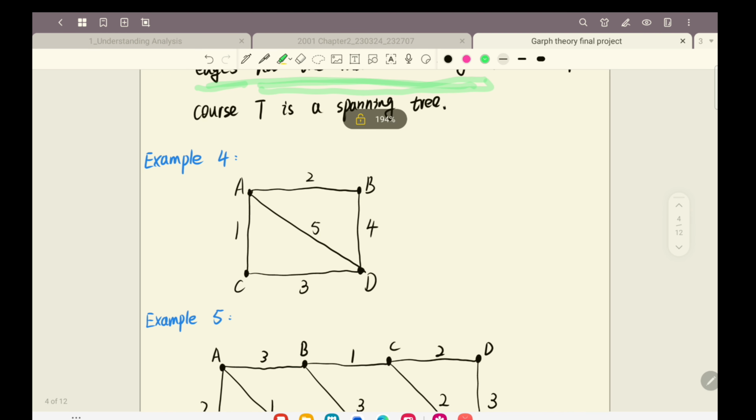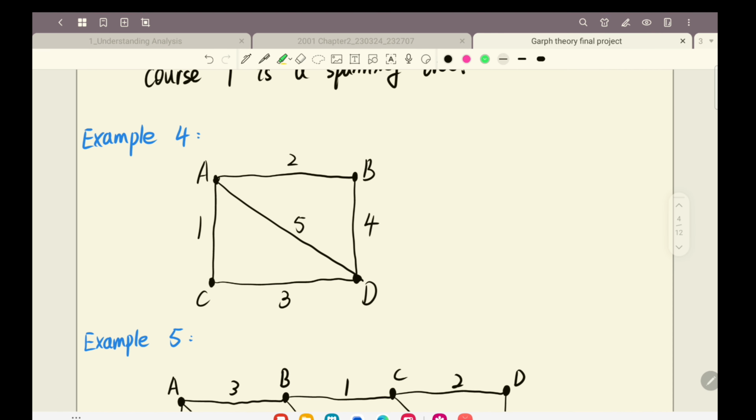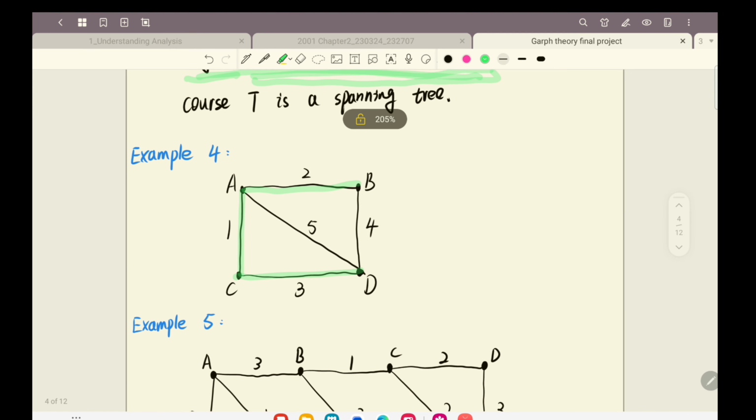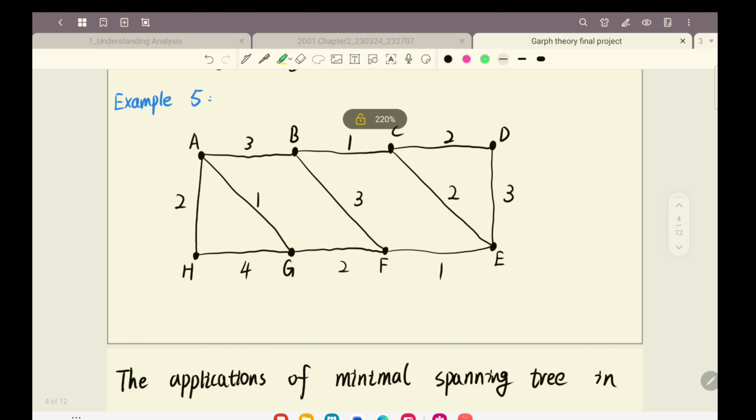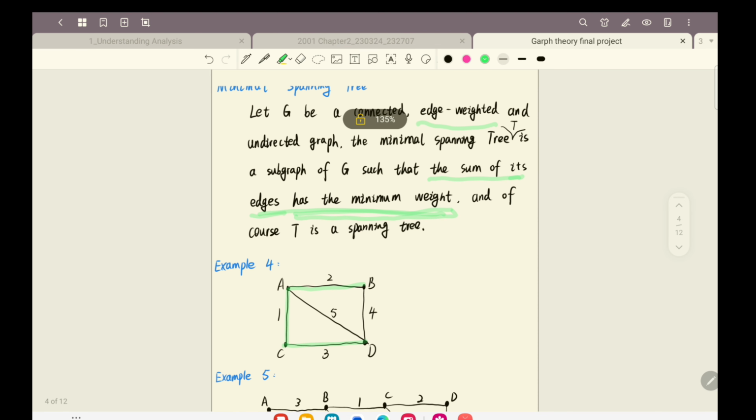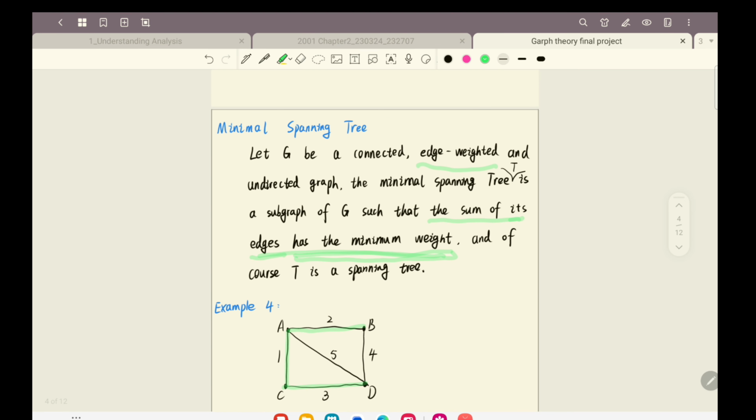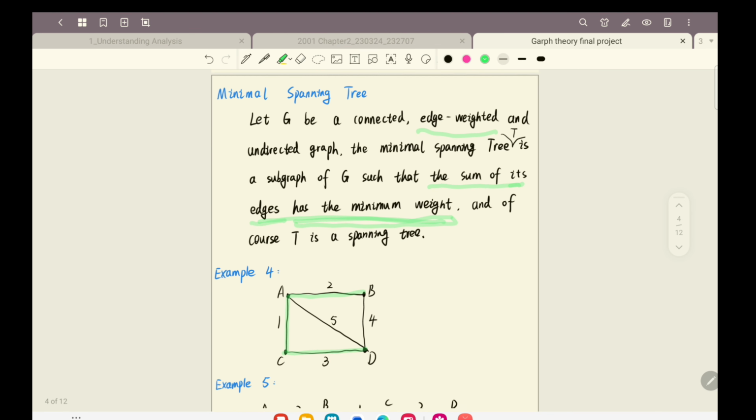If we want to draw the minimal spanning tree, we need to make sure the sum of the weights is the minimum, the smallest. So we can draw AC, we can draw AB, 1, 2, and 3, CD. That's the minimum spanning tree, right? Example 5, I will explain later, because Kruskal's algorithm is very similar to the minimal spanning tree.